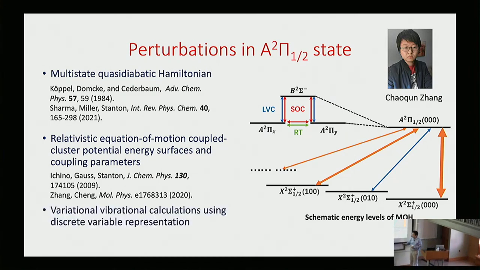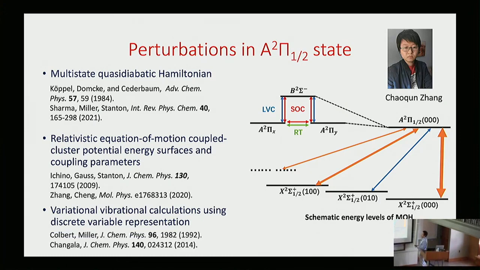And for the vibrational wave function, we did variational calculations using discrete variable representation. Chaojun's implementation used the algorithm outlined by Bill Miller in the early 90s, with normal coordinate representation.